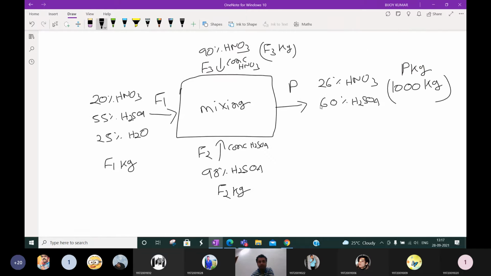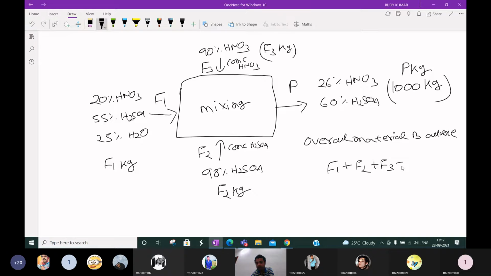Overall material balance means how much feed is coming in overall and how much product is going out overall. Can anyone say what the overall material balance is? F1 plus F2 plus F3 is equal to P. Yeah, very good.